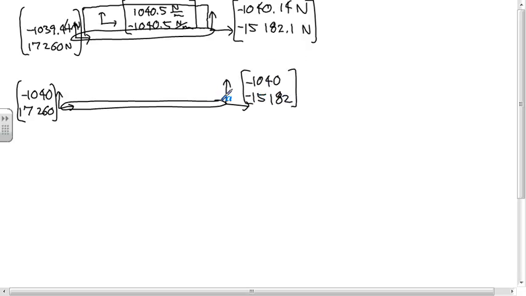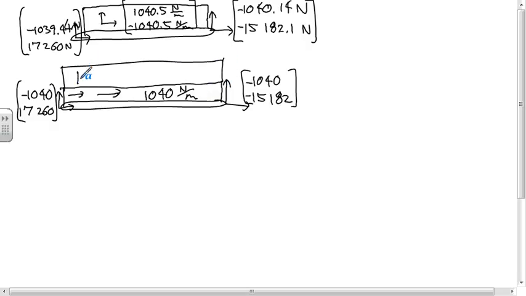Then the horizontal distributed load is pointing in the positive x direction, 1040 newtons per meter. And the vertical distributed load is pointing down with a magnitude of 1040 newtons per meter.